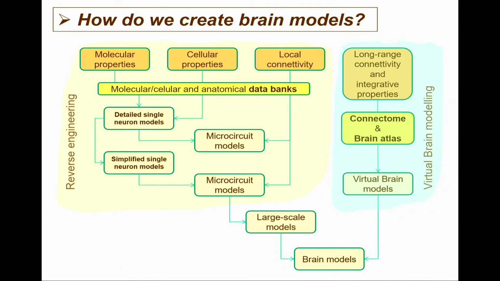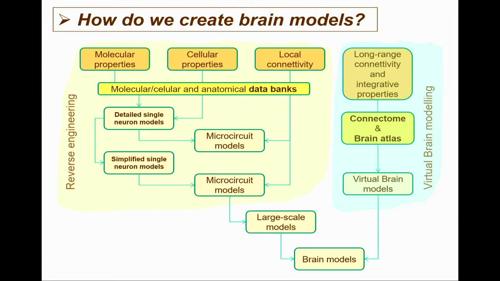I play back this picture that was shown on the first day on how we create brain models. There is a section that runs bottom up, the section on the left, the reverse engineering section, in which the models are built starting from principles of cellular biophysics, going up to realistic neuronal models and realistic microcircuit models. At the moment, this is the best we can do.